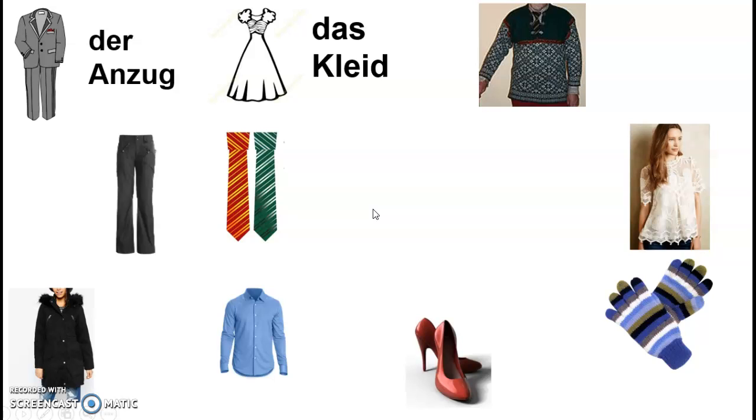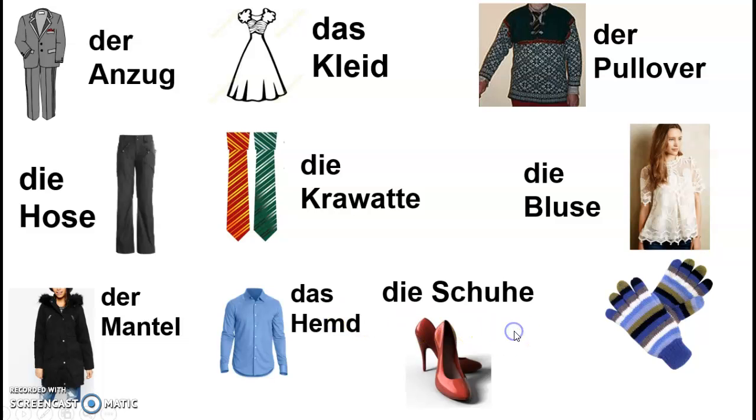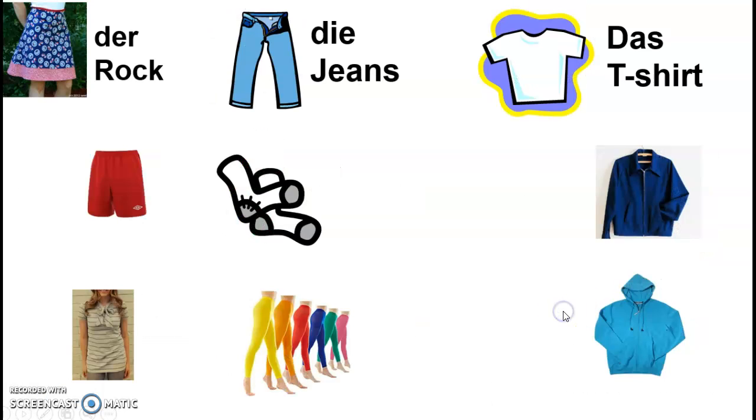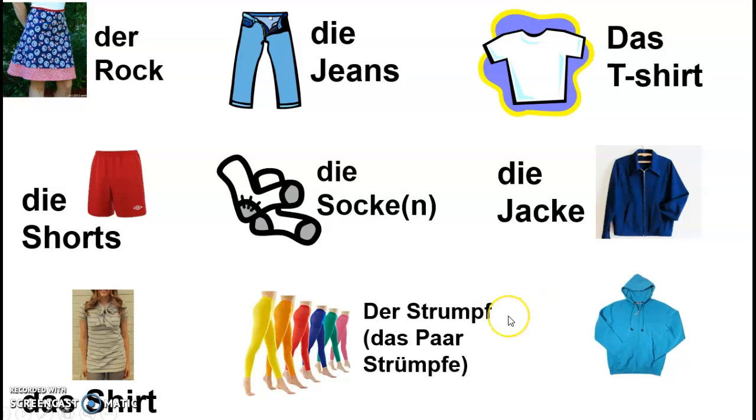Der Anzug, das Kleid, der Pullover, or der Pulli sometimes, die Hose, die Krawatte, die Bluse, der Mantel, das Hemd, die Schuhe, die Handschuhe, der Rock, die Jeans, das T-Shirt, die Shorts, die Socke or die Socken, die Jacke, das Shirt, der Strumpf or die Strümpfe, and das Sweatshirt.